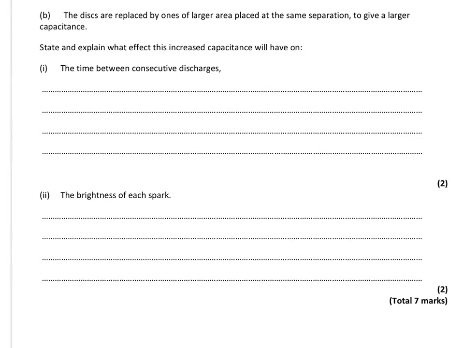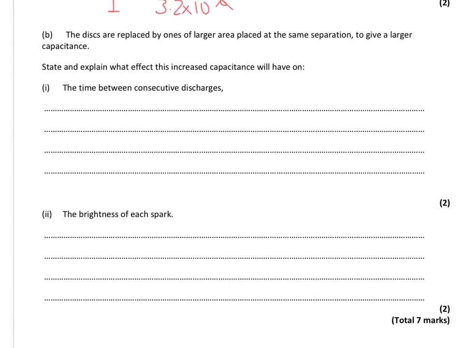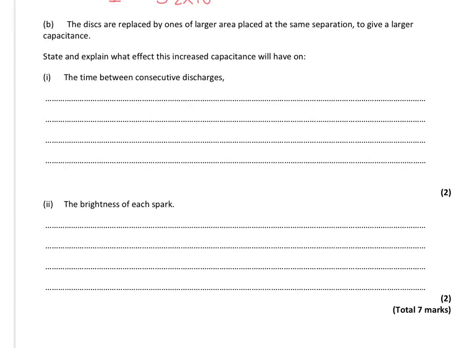So actually, if you increase the capacitance, it takes more charge to get to the breakdown potential, and if you're charging it with the same current, it's going to take longer to get there, so the time between discharge will increase. So that's the first thing, so stating, actually your time increases.